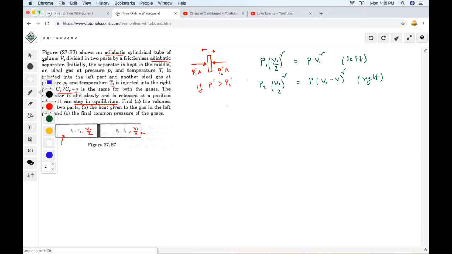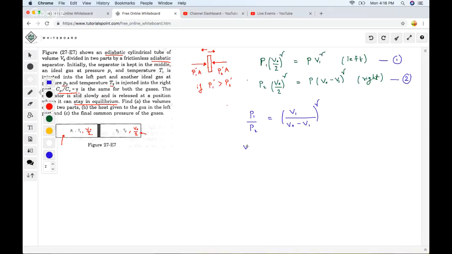Let's call these equation number 1 and equation number 2. I can divide them and find the volume. If I divide, I will get P1 divided by P2 as V1 divided by V naught minus V1, raised to power gamma.